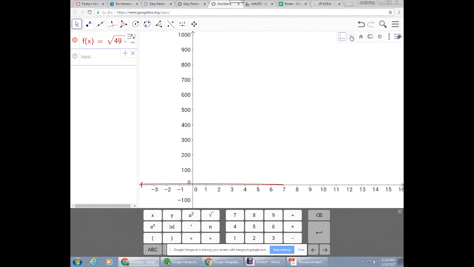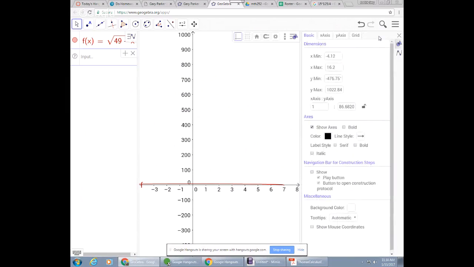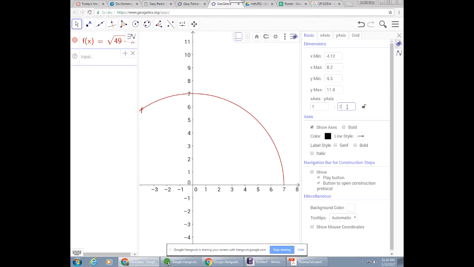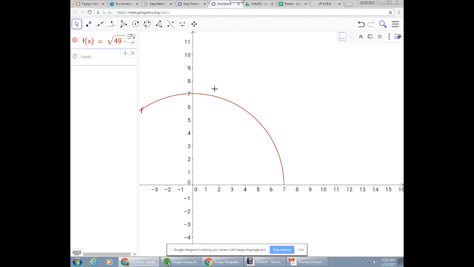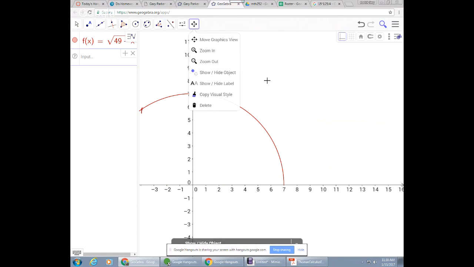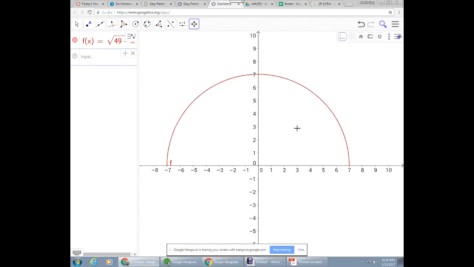Let's see, how do I return the scale? Settings. I want a scale of 1 to 1. And now I can see, oh, it's a semicircle. Okay.